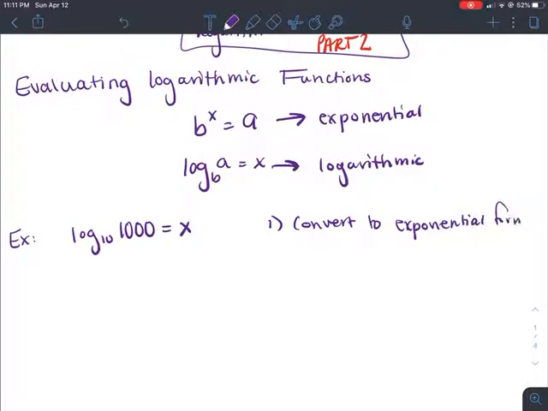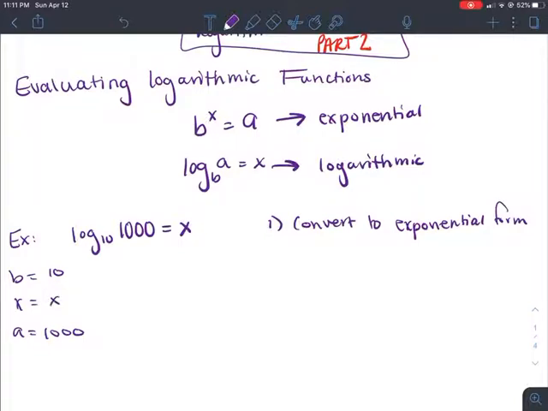Okay? So I'm going to identify my parts of this. So I've got B, X, and A. Okay, so my A is 1,000, my B is 10, and my X is X.